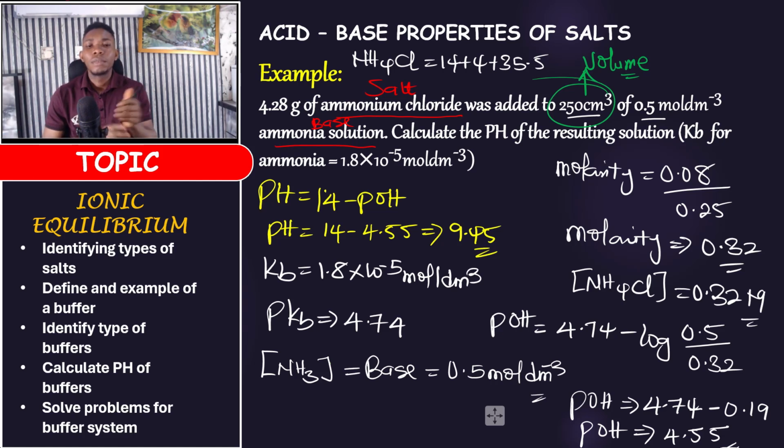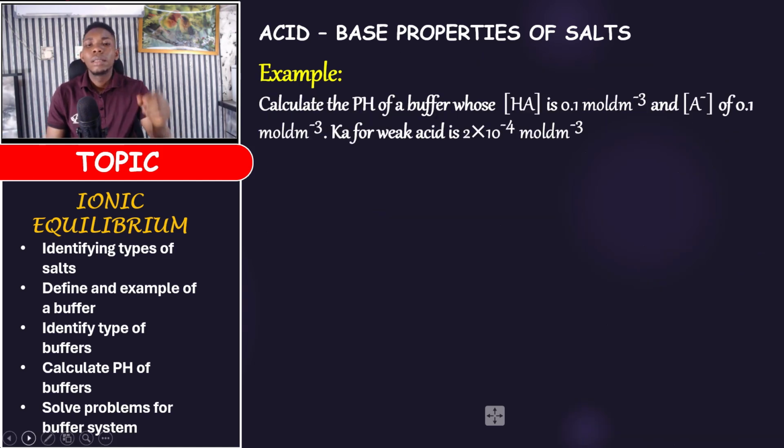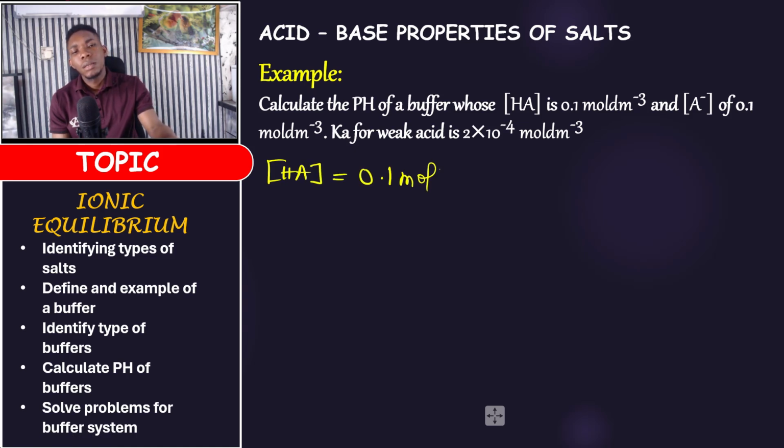It was actually given. Alright, let's see the next one. Calculate the pH of a buffer whose HA, that is the acid, concentration was given as 0.1 mole per dm cube. The concentration of the salt was given as 0.1, the same thing, mole per dm cube.